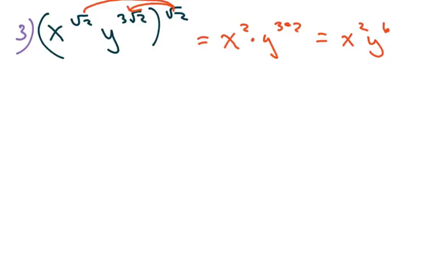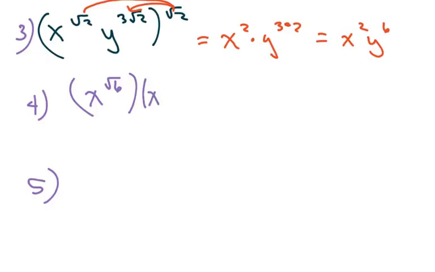Now the next one we have, so that one was number 3. I want to look at 4 and 5 together. So 4, we have x to the square root of 6 power times x to the square root of 5. And then we're going to use our product property, and on number 5 we're going to use x to the square root of 6 times the square root of 5, which is our power property.